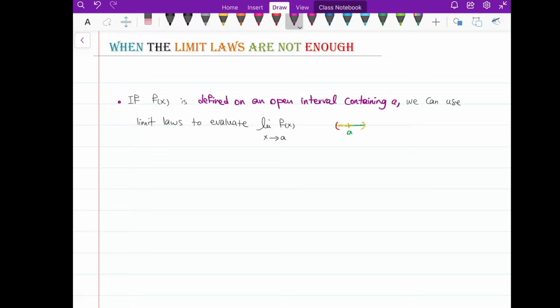Okay, the next situation is this. If a is an endpoint of the domain of the function f, what it means is that f is not defined on an open interval containing a.